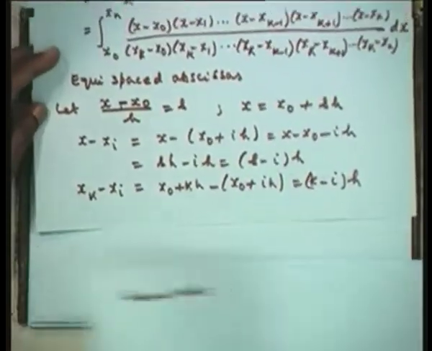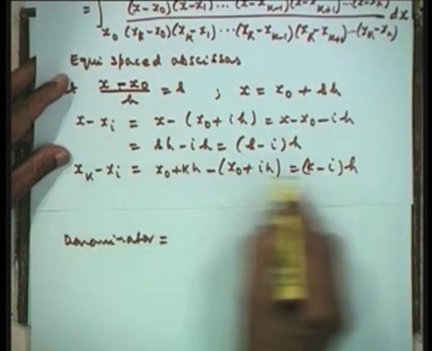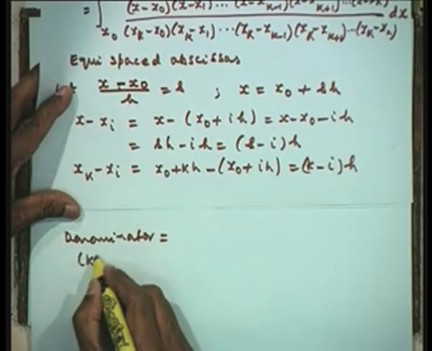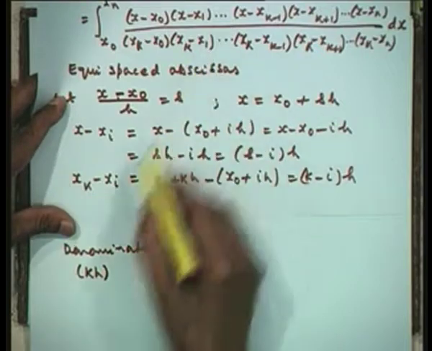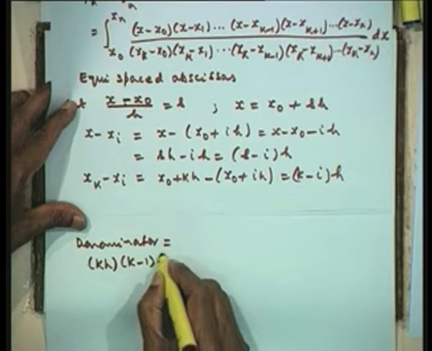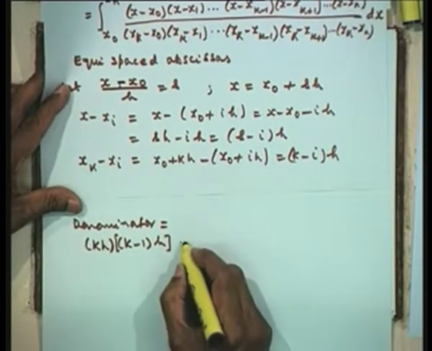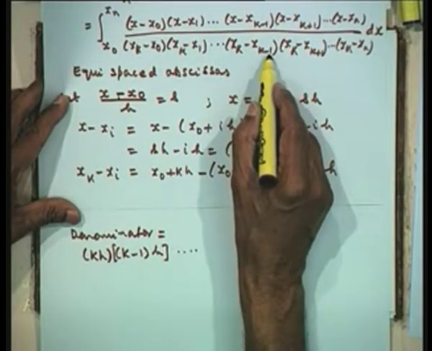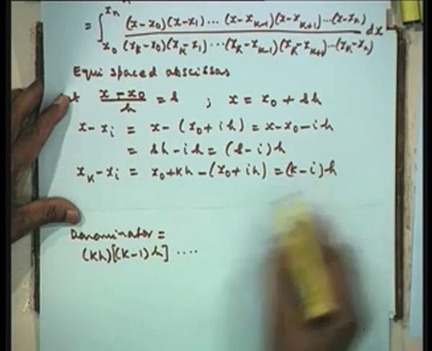Now, the denominator, if I take this, first term is x k minus x naught. So, i is equal to 0. So, first term is k h. The next term is x k minus x 1, i is 1, that is k minus 1 into h, and so on. I have got here x k minus x k minus 1, therefore, I will have 1 into h.